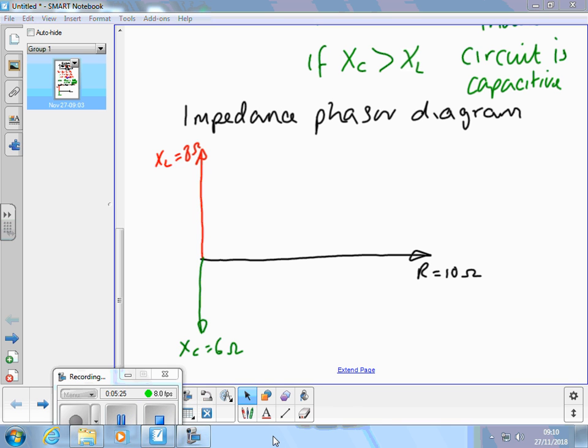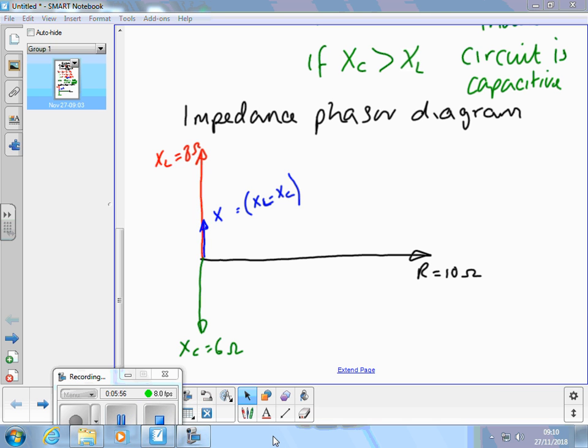What we've got overall is the overall reactance in there, which is equal to XL minus XC, the difference between the two. So they work against, as opposites to each other.